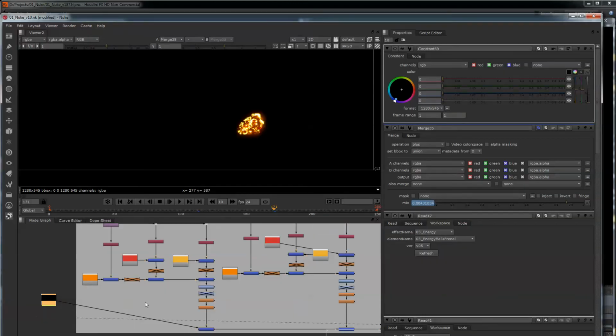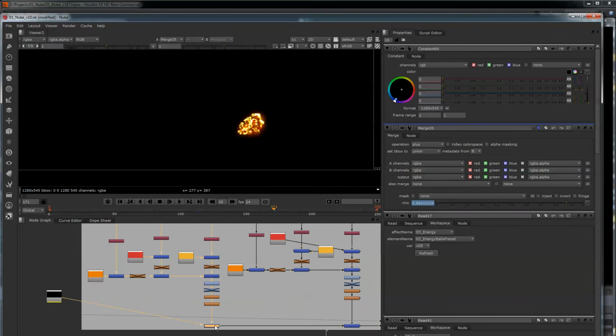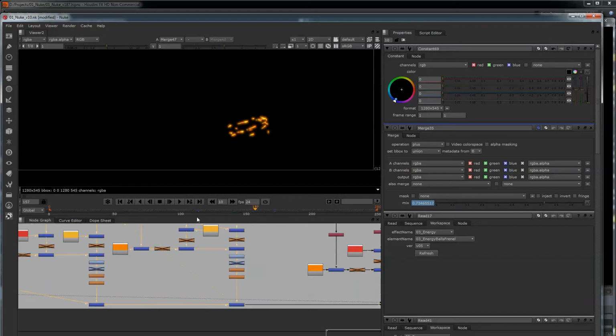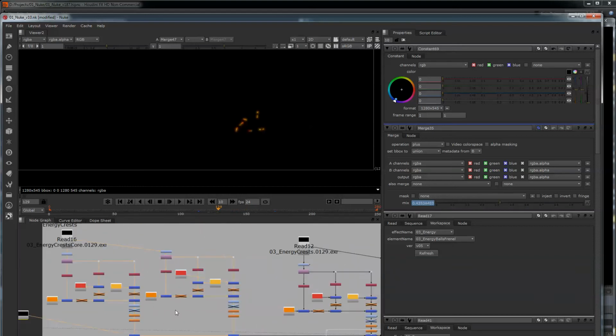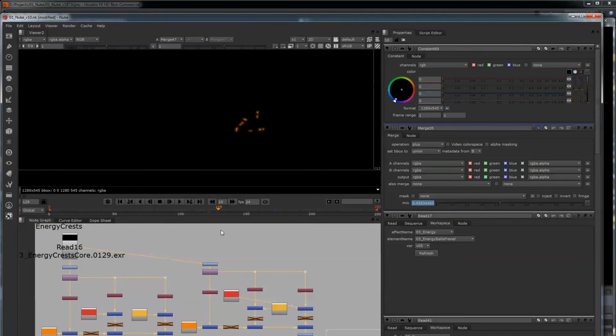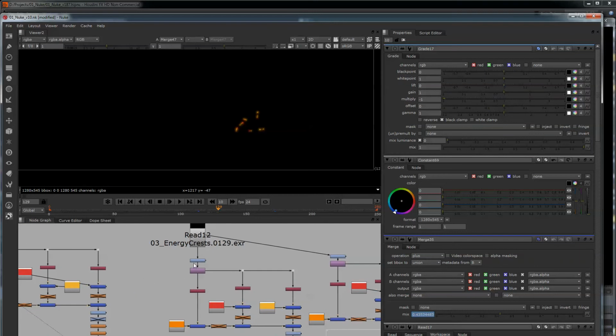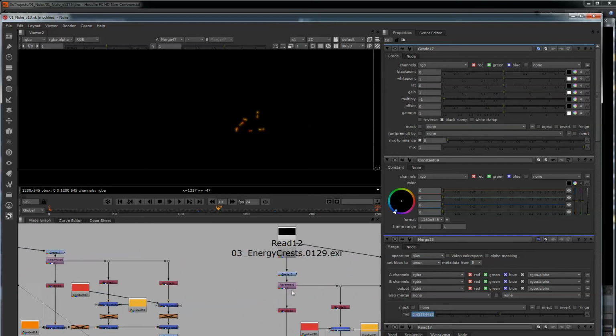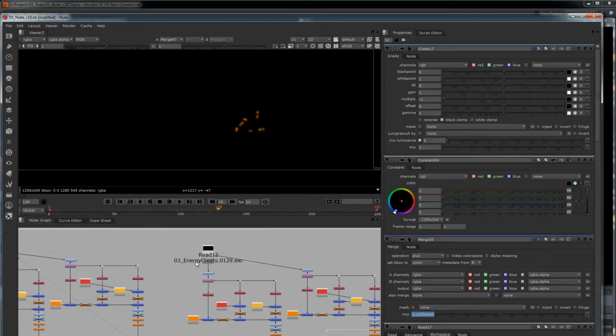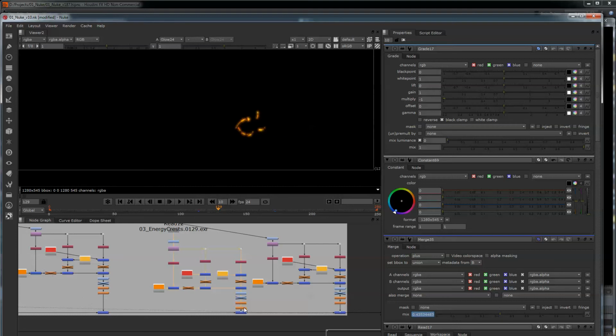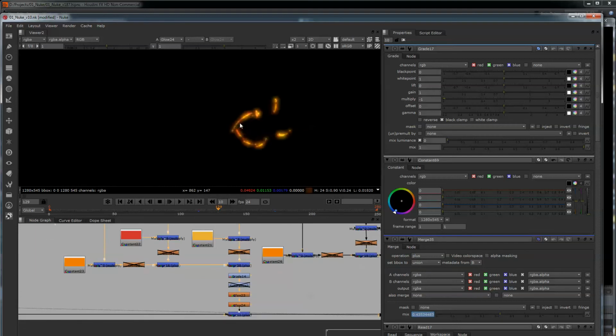And so the same deal, they speed up, and it's a three-part process. If we check the nuke comp, I have it here. There is the first element, the energy crests. And then here, it's RGB, so I'm splitting out the negative channels, -1. That's the energy crest core. And here is the energy crest right here.